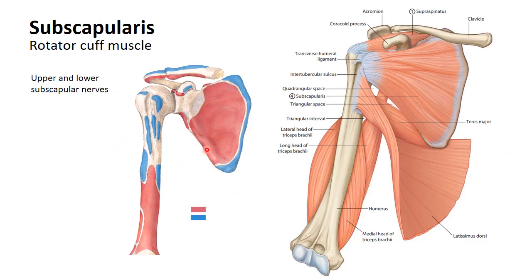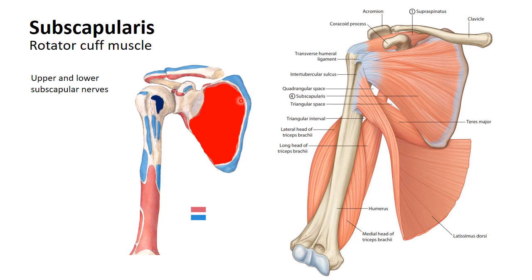The other muscle is called subscapularis muscle. It lies on the anterior aspect of the scapula, takes origin from most of the subscapular fossa, and is inserted into the lesser tubercle of the humerus anteriorly.